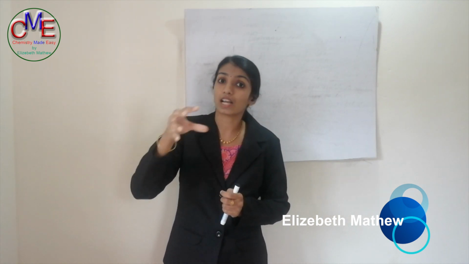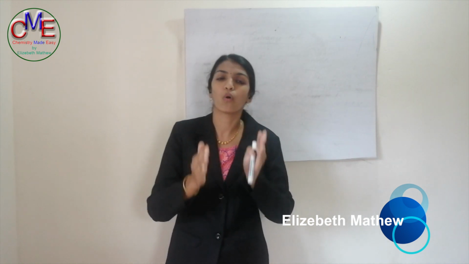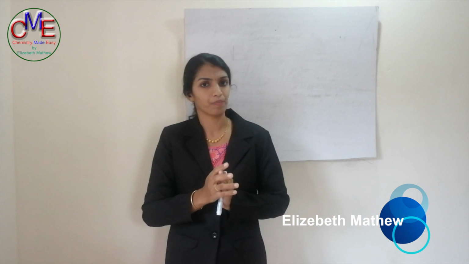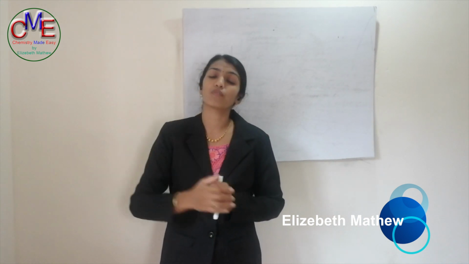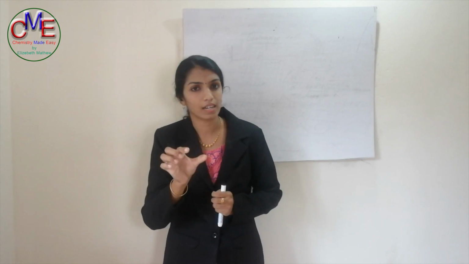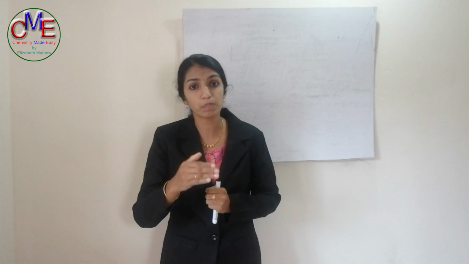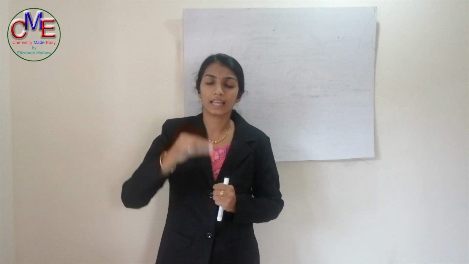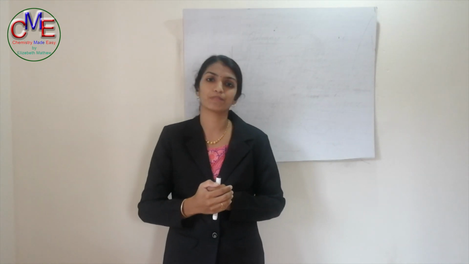This electricity is actually produced from certain types of chemical reactions occurring in that cell. Here, the chemical energy is directly converted to electrical energy. Chemical energy means chemical energy in the form of free energy, Gibbs free energy. Here Gibbs free energy is converted to electrical energy.